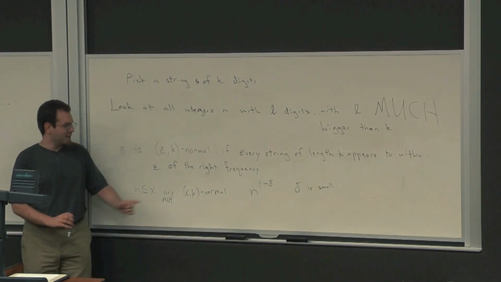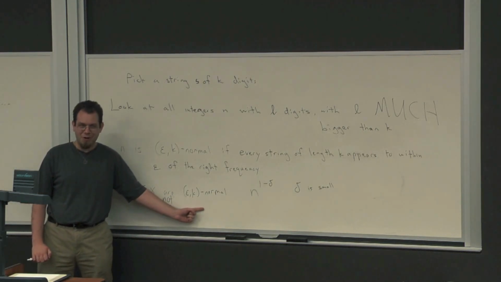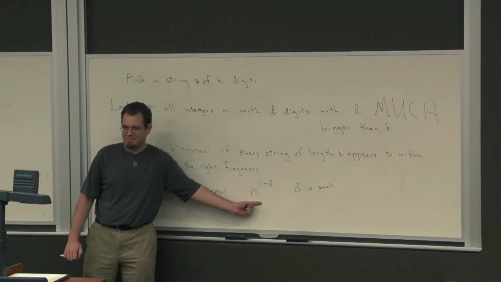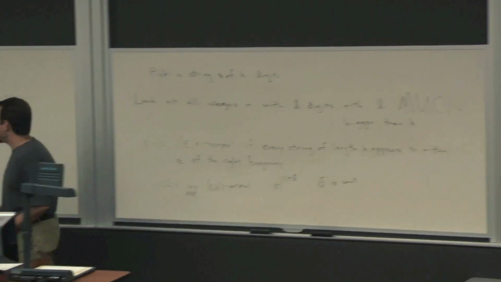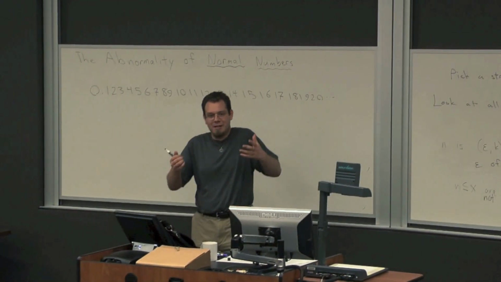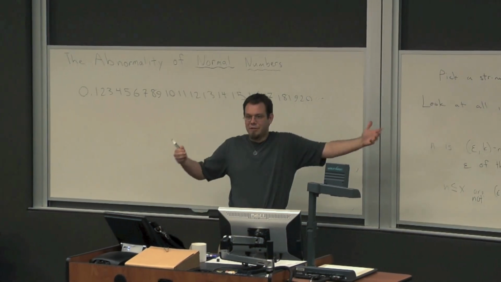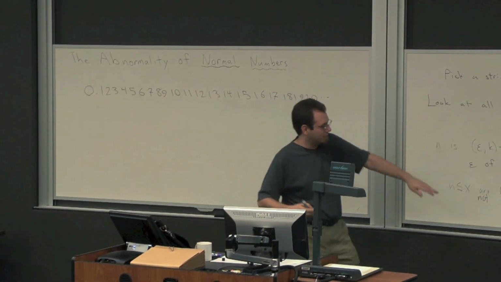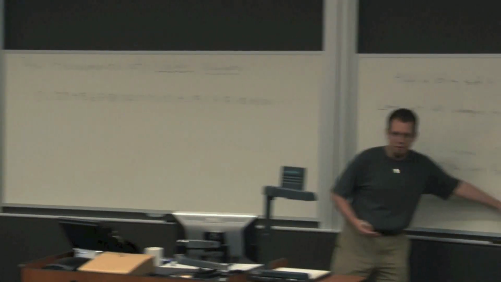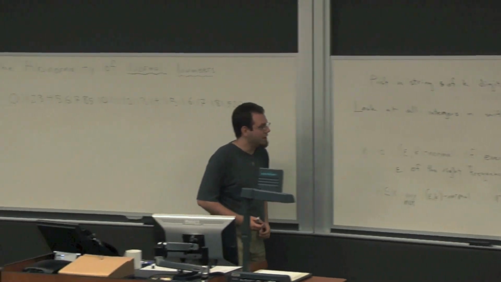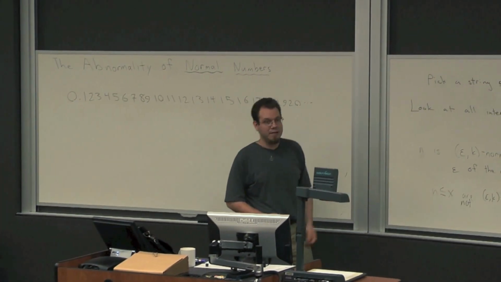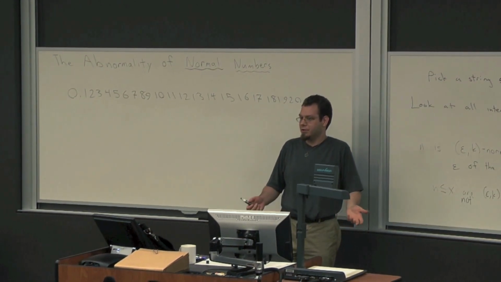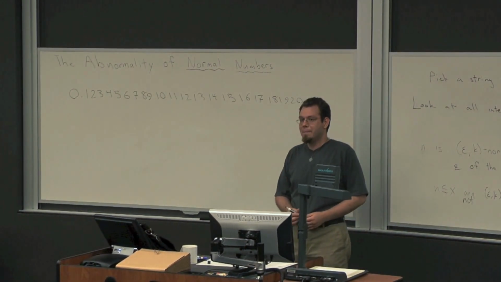The set of numbers that are bad, that have the wrong properties, are very, very small. So if you pick a set of integers that's sufficiently dense in the set of all integers, namely that it's going to be eventually larger than this for any n big enough, then you're going to get a normal number as a result when you concatenate all those values together.